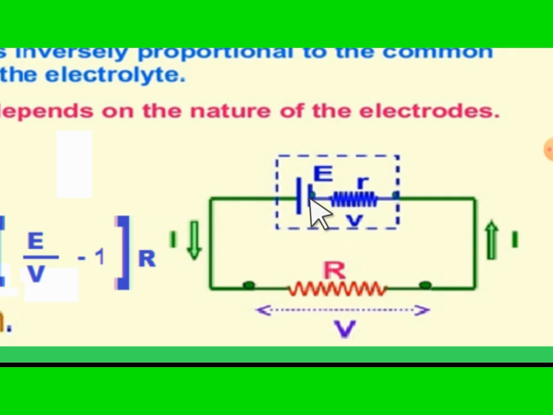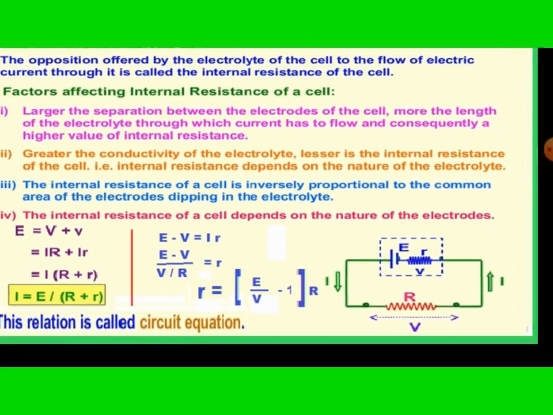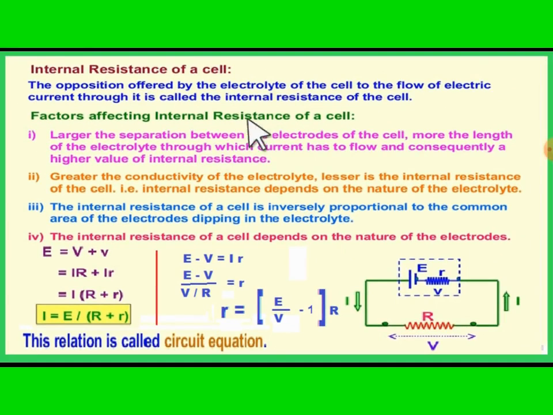The opposition offered by the electrolyte, the chemical present inside the cell, when ions move from the positive plate to the negative plate inside the cell itself, is the opposition to the flow of ions from one electrode to the other electrode. We call it what? Internal resistance of a cell. It is inside the cell, so we call it internal.